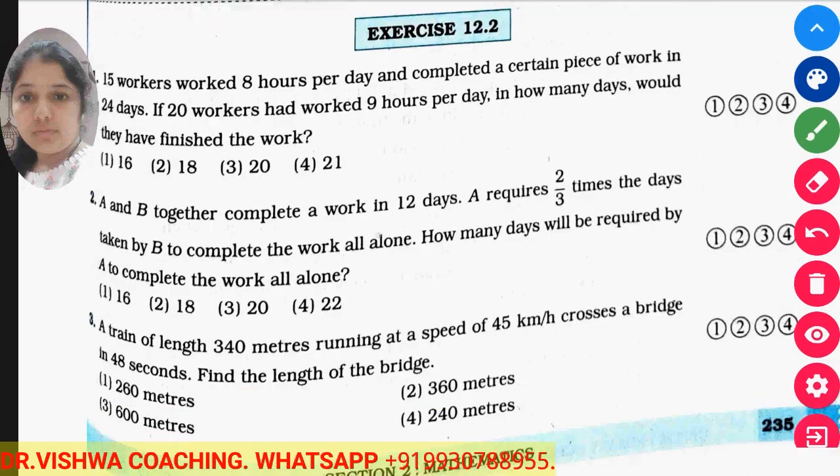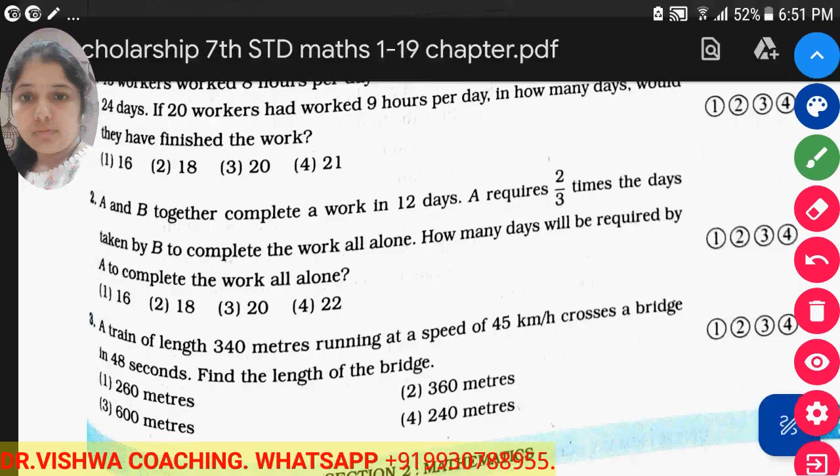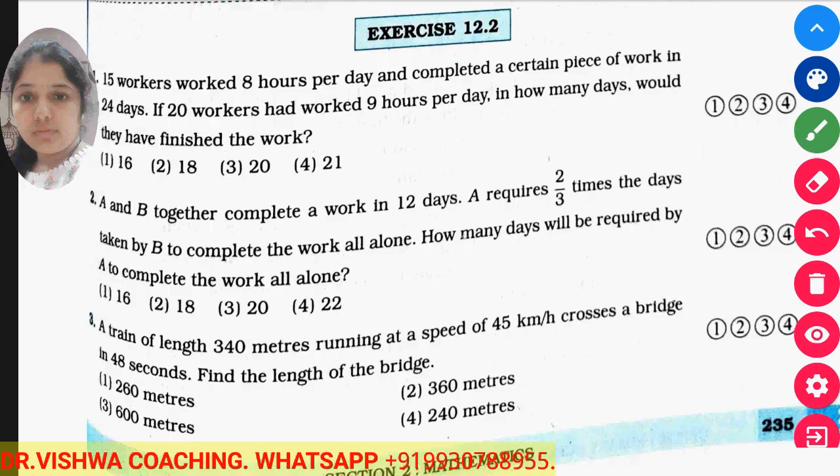Now A and B together complete a work in 12 days. A requires 2 by 3 times the days taken by B to complete the work alone. How many days will be required by A to complete the work all alone? Now see, A and B are working together for 12 days.